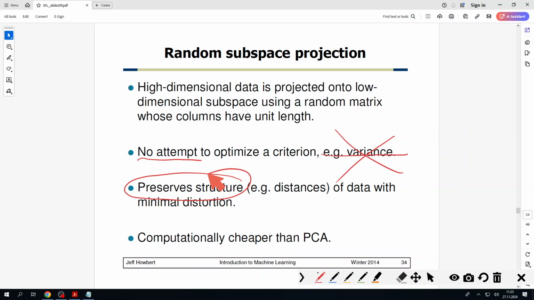So instead of optimizing variance, we then care about the structure of the data more.